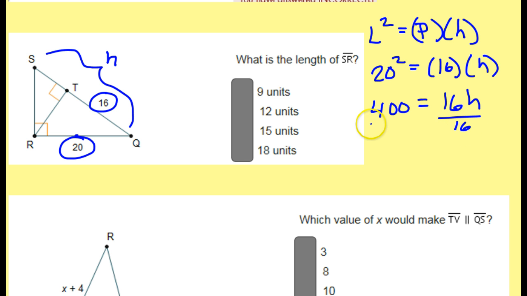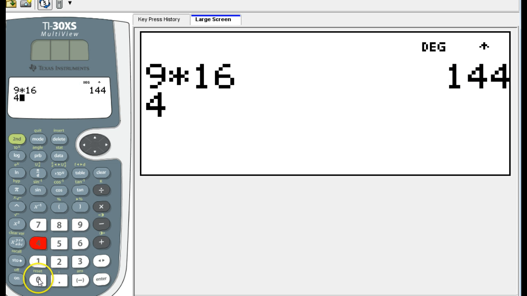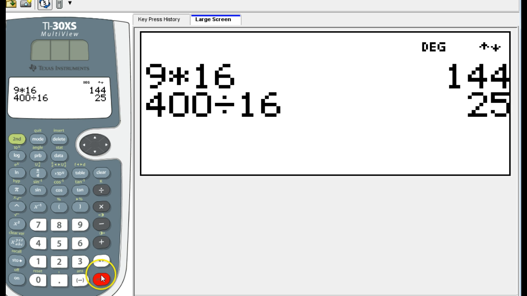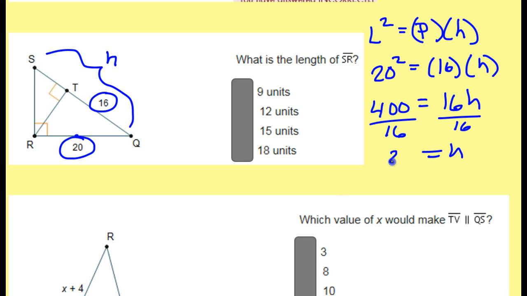If I divide both sides by 16, that should tell me what the hypotenuse is. 400 divided by 16 is 25. Great, now we know that the hypotenuse is 25. That's very helpful. Now what we really want is the length of SR.